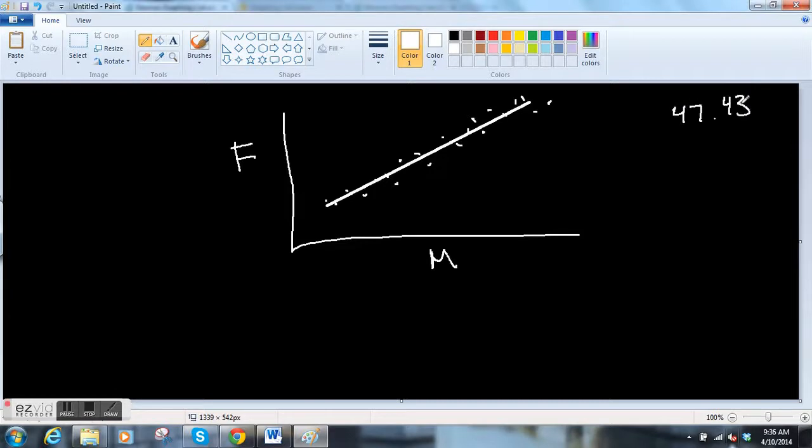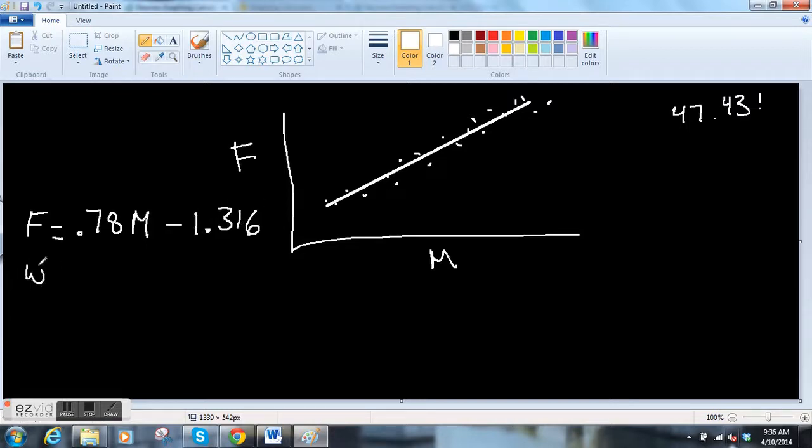Do you see? 47.43. But in case you're having trouble with your calculator, I'll go back to my pen. So we had 47.43. If you're having trouble with your calculator, or if you just want to do it the old-fashioned way, what you could do to find this answer is to plug it into the equation of the line. So here's our equation of the line that was given in the problem.